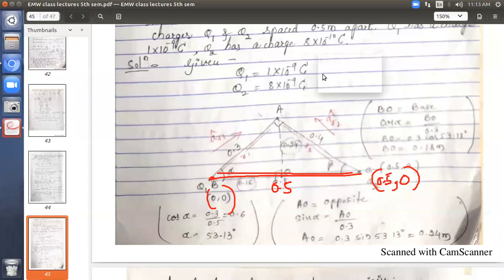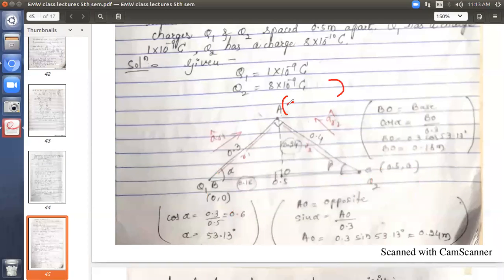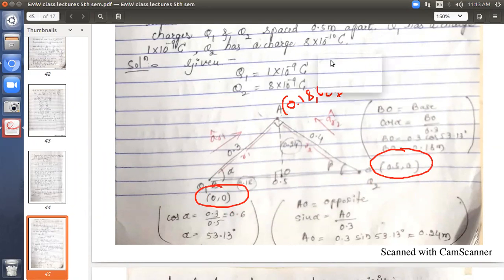So I now know the coordinates of A, B and C. Point A is 0.18, 0.24. Similarly, point B is 0, 0. Point C is 0.5, 0. 3 points, 3 coordinates we have found.